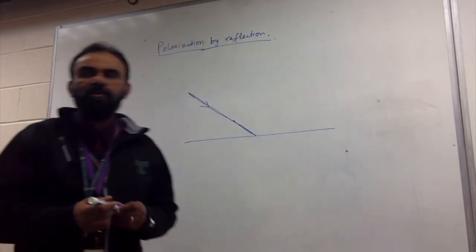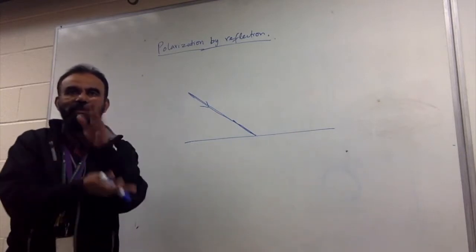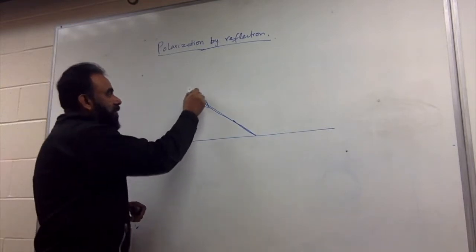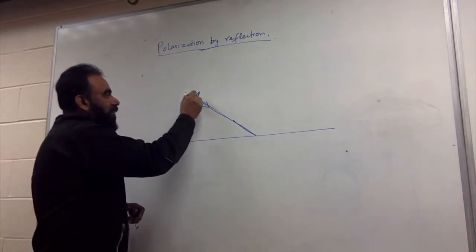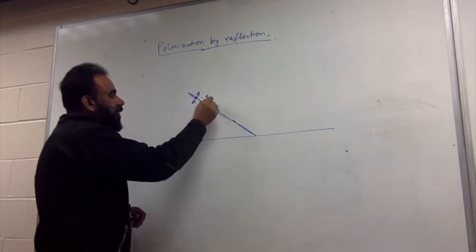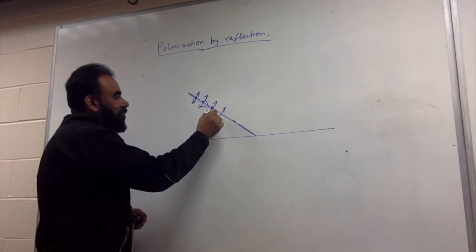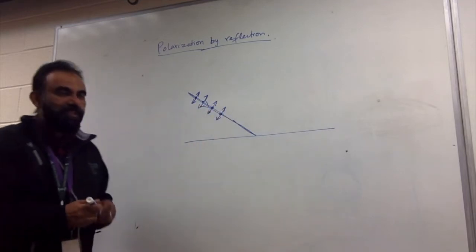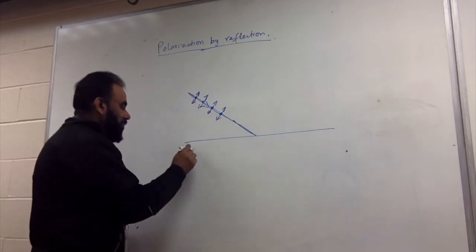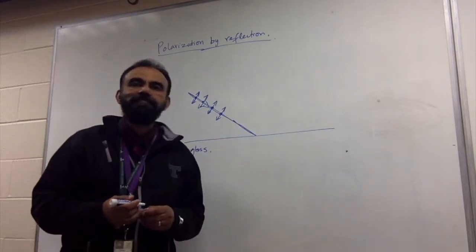Ordinary light. Why is it ordinary? Because it has all the planes. But I'm primarily showing only two planes, the vertical and the horizontal. I'm only showing two of them. So when this ordinary light comes and hits glass, what happens here?